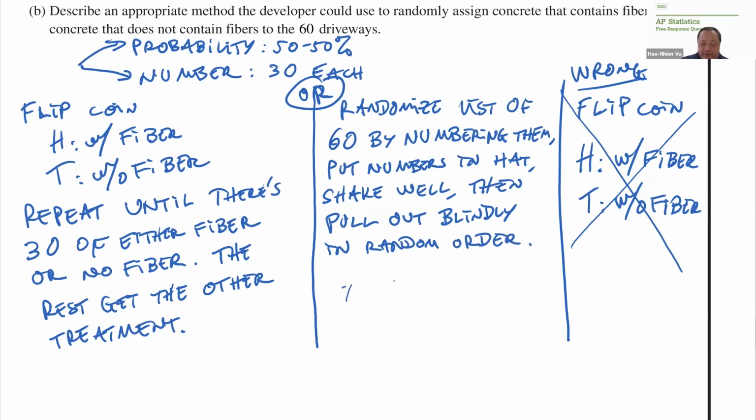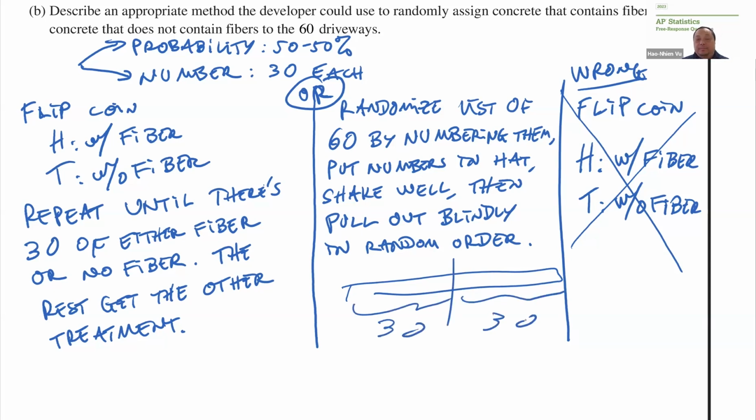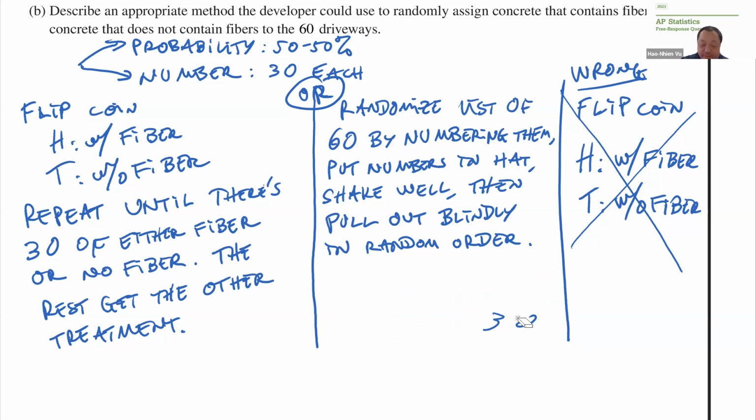Then what you have is a big list that's already all random. Then you might as well just do 30-30 like this. Or if you want it to feel more random, you can alternate them. Whatever, it really doesn't matter. The whole list is already in random order.